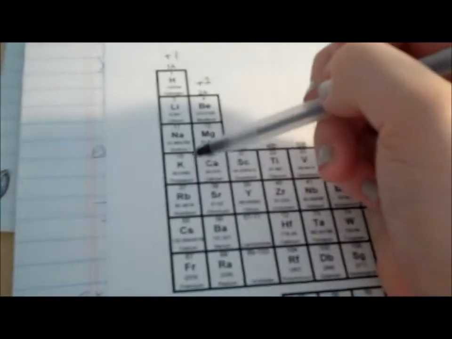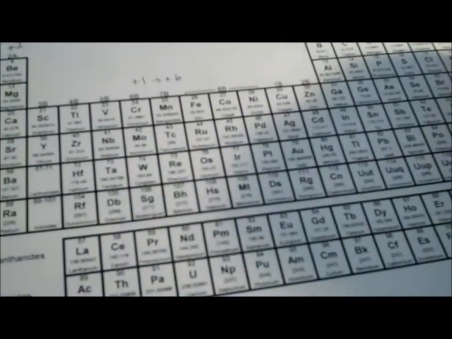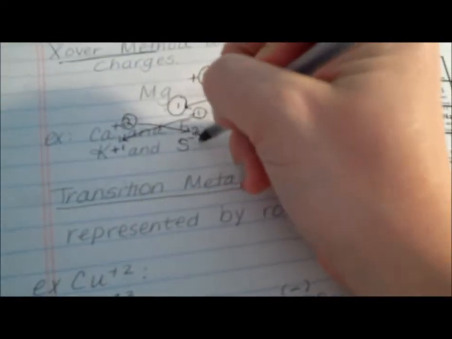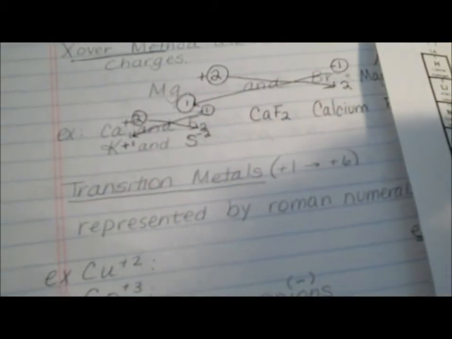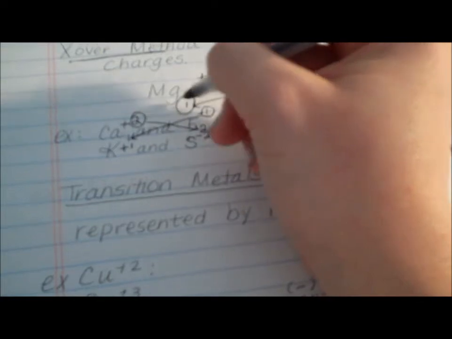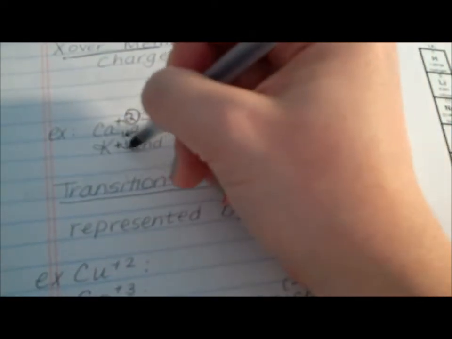So let's look at our periodic table. We have K as a +1, so we'll put it right next to it. And then we'll have our S as a -2. Now notice how these are all superscripts going to subscripts. So charges are super, meaning on the top. How many there are, after the crossover method, is a subscript.